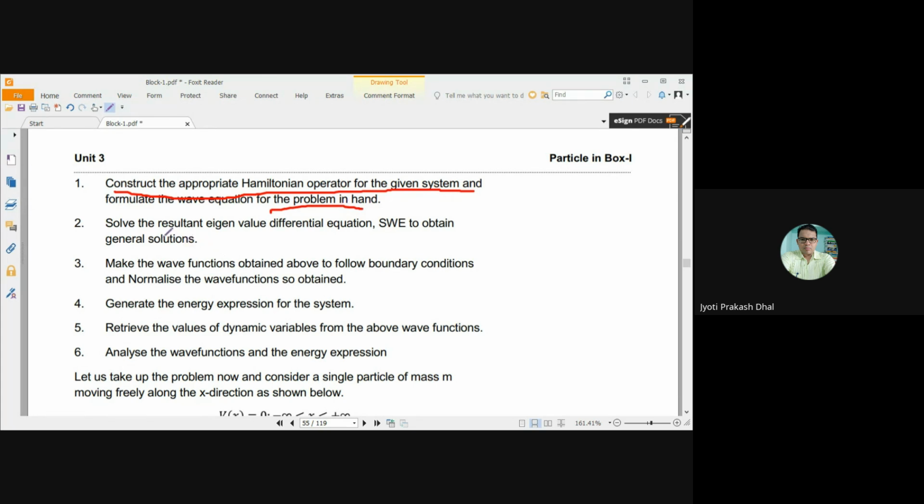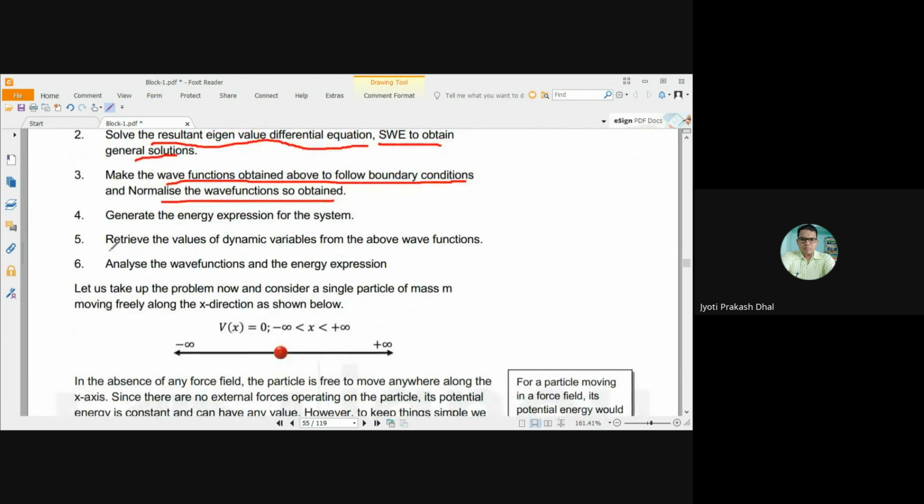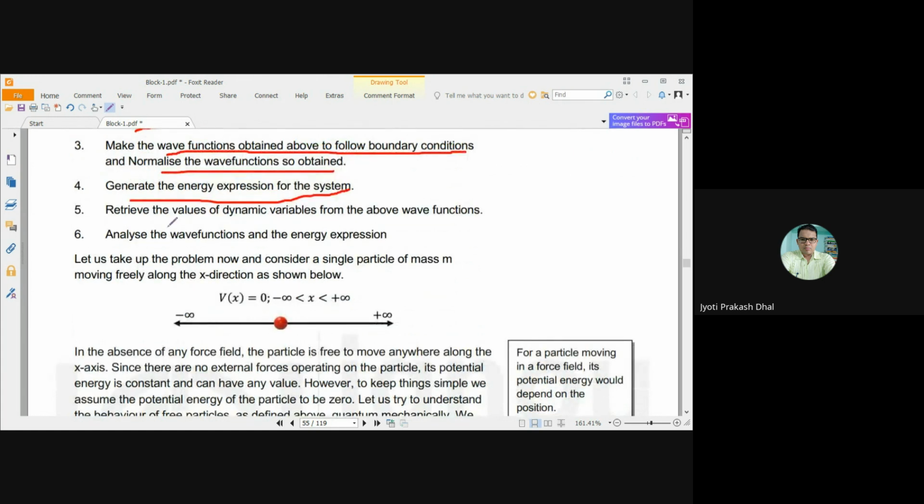And the second one is to solve the resultant eigenvalue differential equation, the Schrodinger wave equation, to obtain the general solution, and make the wave function follow boundary conditions and normalize the wave function. And after that, generate the energy expression for the system, then retrieve the value of dynamic variables for the above wave functions, and analyze the wave functions and energy expressions.